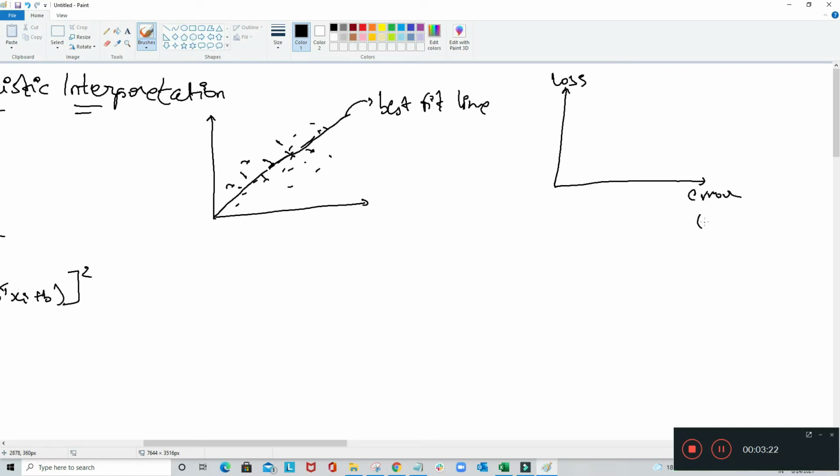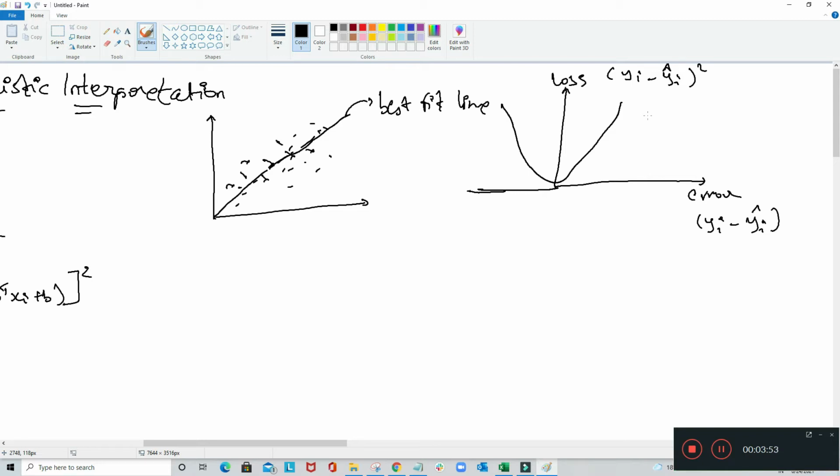Error is nothing but yi minus yi hat, and the loss is yi minus yi hat whole square, so it will be a parabola.